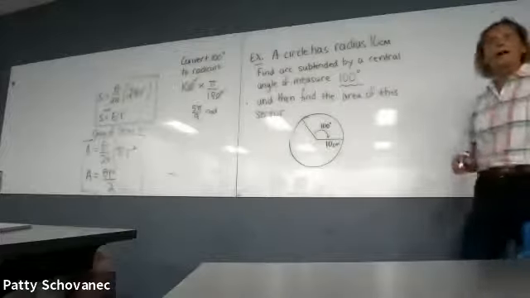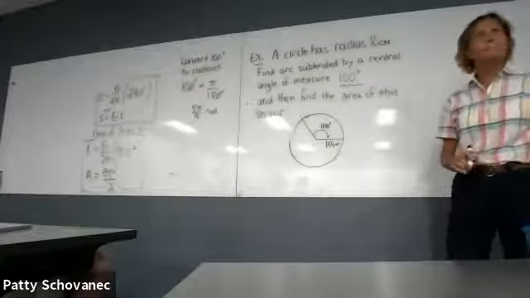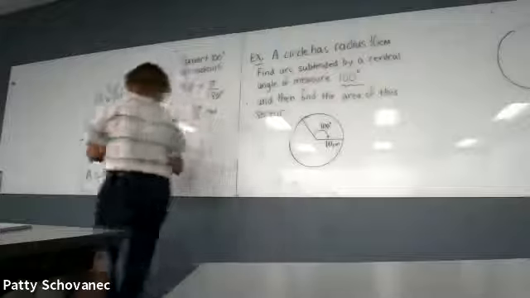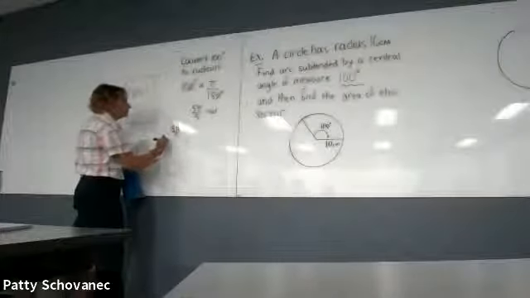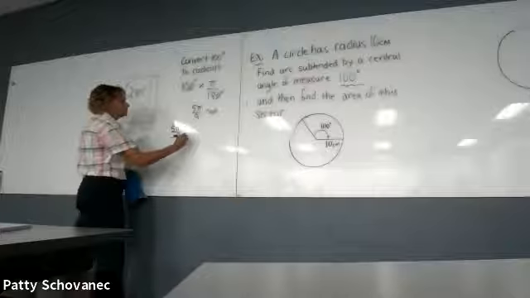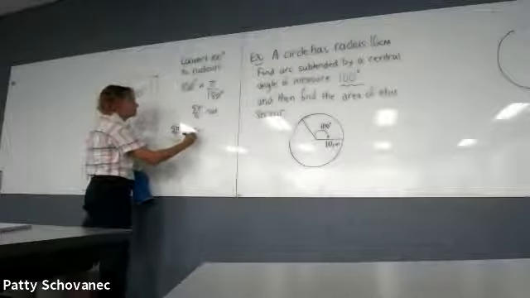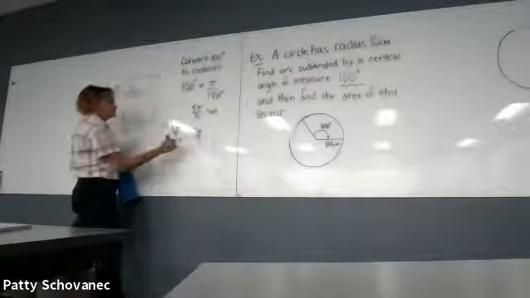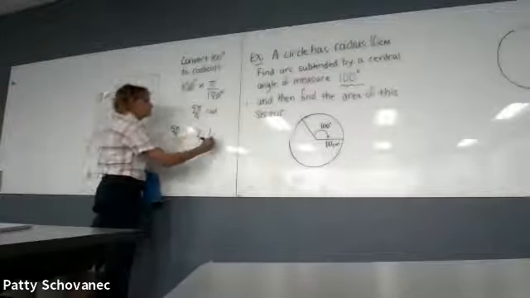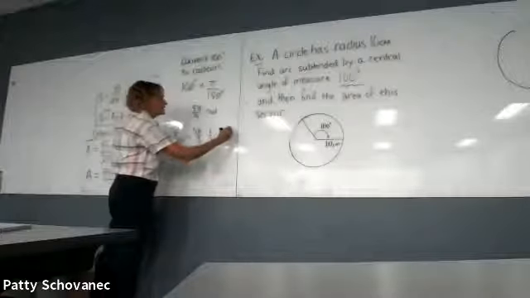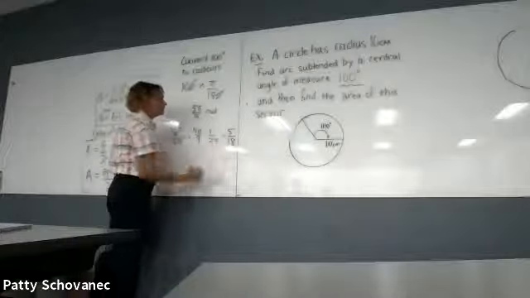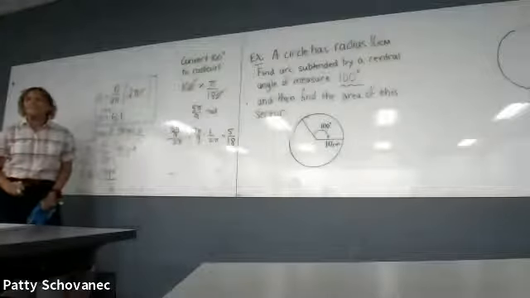Well, you divide 5 pi over 9 by 2 pi. So 5 pi over 9 divided by 2 pi is 5 pi over 9 times the reciprocal. The pi's cancel, and there's the 5 over 18. That's 5/18 of a whole circle.